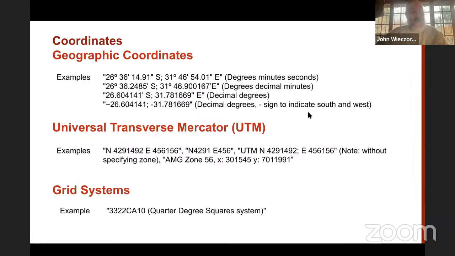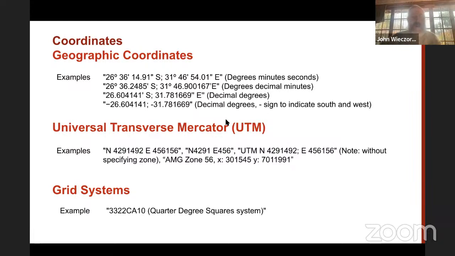But there are other types of coordinates, lots of other types of coordinates. And the most common of the other types of coordinates is the universal transverse Mercator system. So these are systems of northings and eastings, in other words, measurements north or east of some meridian. And those measurements generally are in meters, and they end up being very long numbers.